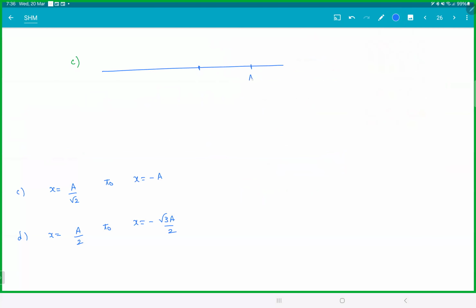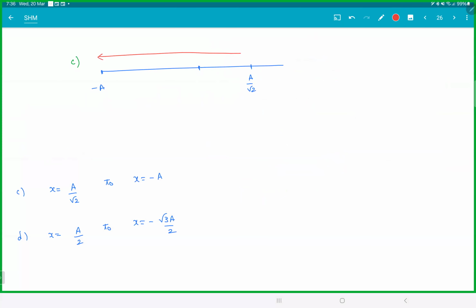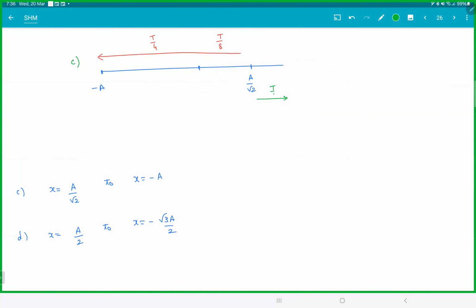You're traveling from A by root 2 to minus A. You could have gone directly here, t by 8 and t by 4, or you could have gone back, t by 8, you could have come front, t by 4, and then you could have come front, t by 4.